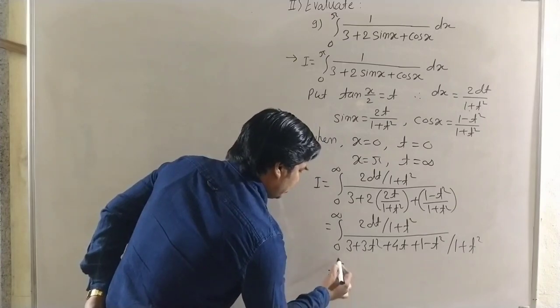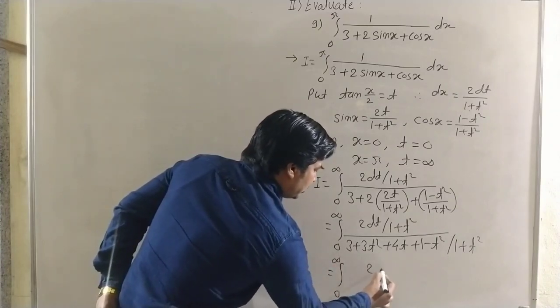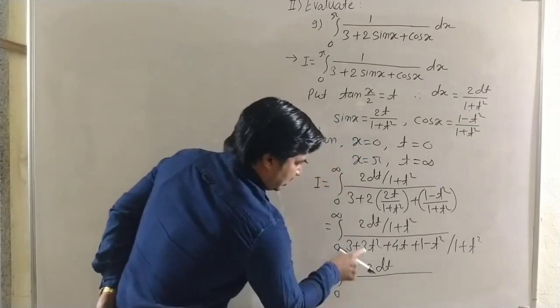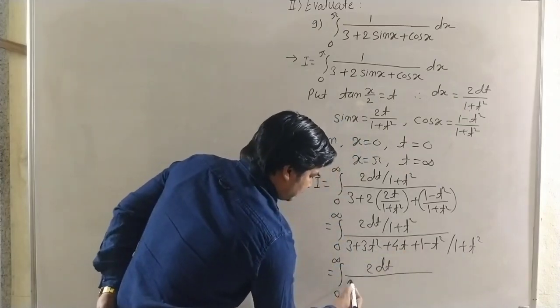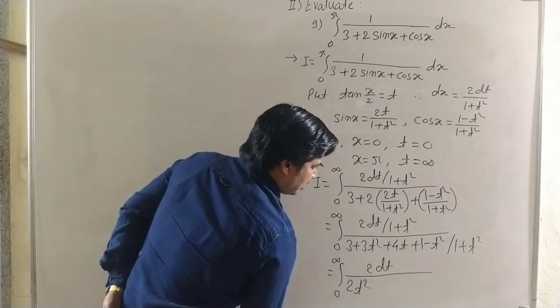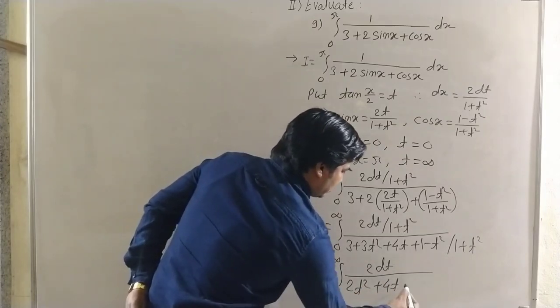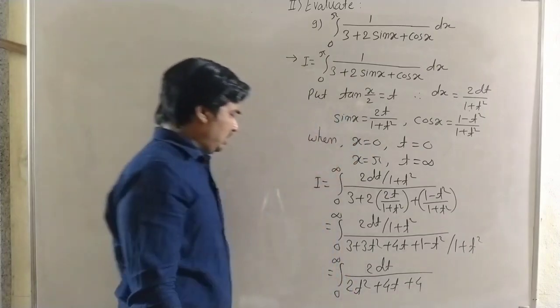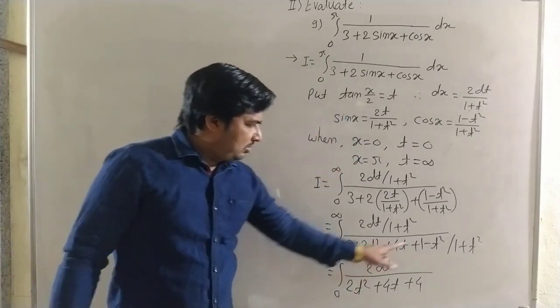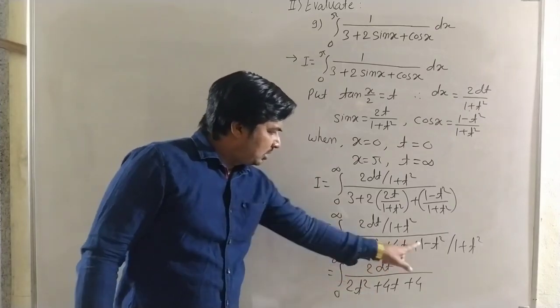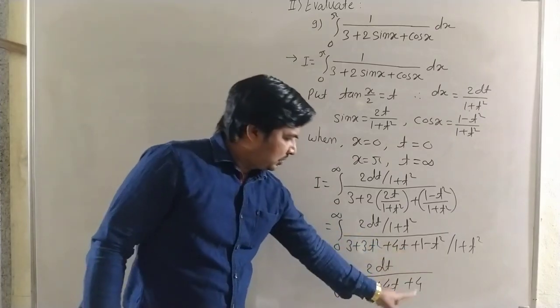Here it is 0 to infinity 2 dt upon 3t square minus t square, that is 2t square plus 4t and plus 4. See carefully here: 3t square minus t square is 2t square, it is 4t, and 3 plus 1 is 4.